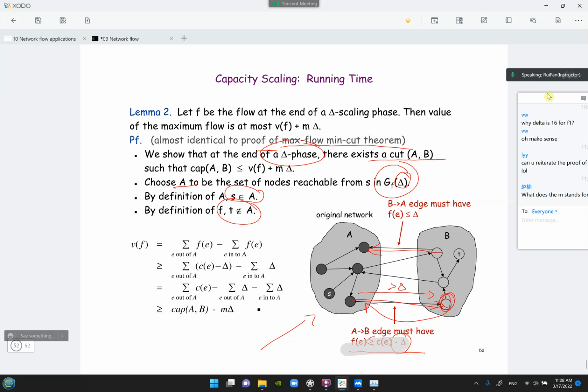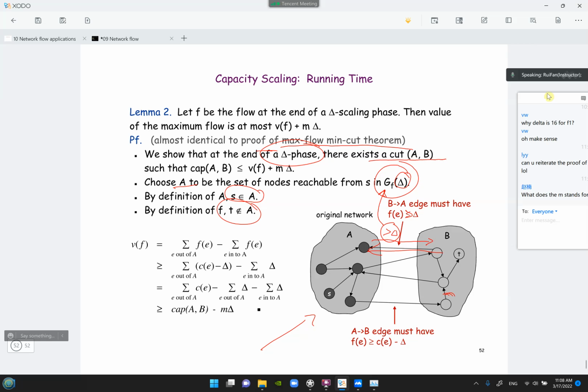So that means that all of the flows on these AB edges have to be at least capacity minus delta. Now, for these BA edges, we claim the flow has to be at most delta. Because if the flow is larger than delta, then we would add this reverse edge with capacity larger than delta, and this reverse edge would be part of this G_f delta graph because you keep all edges larger than delta.